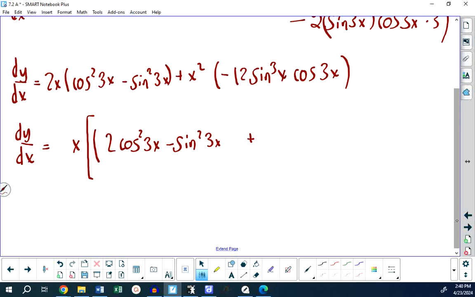We'll just take out the x. We'll just leave it as this for now. Negative 12 sine of 3x cos of 3x. My 3 over here is a little wayward. It looks like a cube, that should be 3, right? Any ideas where we can go from here?